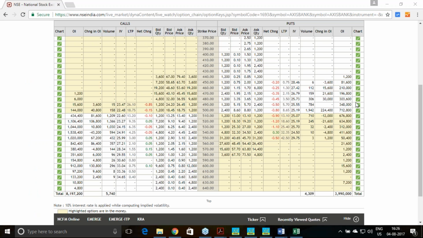The price has gone above 516. Now I have to form a net credit strategy. Can anyone tell me which net credit strategy is going in the upper range? Which strategy should I follow? Net credit. Credit means the flow should come to my account. I should get a net credit. 516 above, price has moved, so I am expecting an uptrend. So what is the net credit strategy I should form?